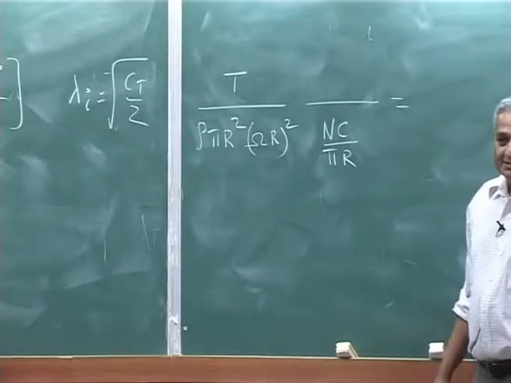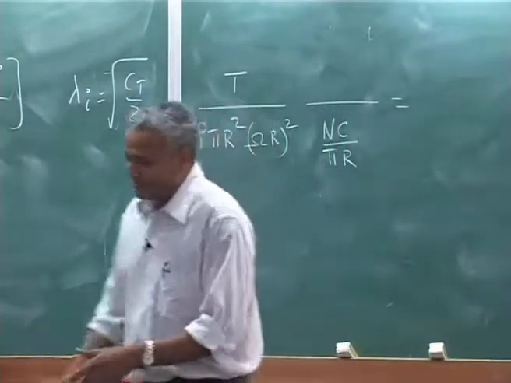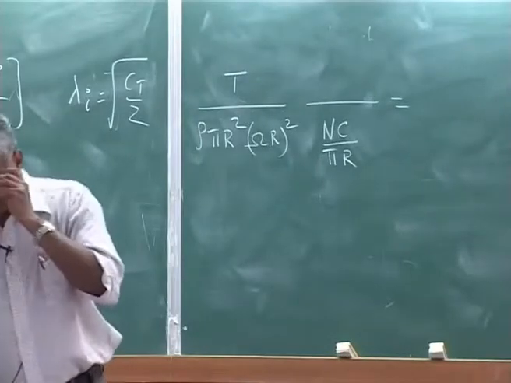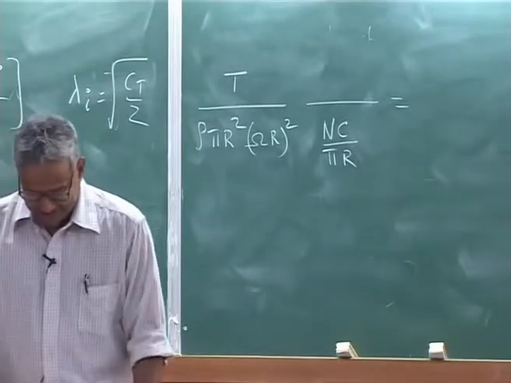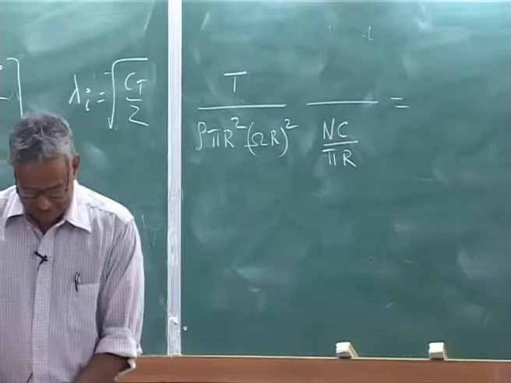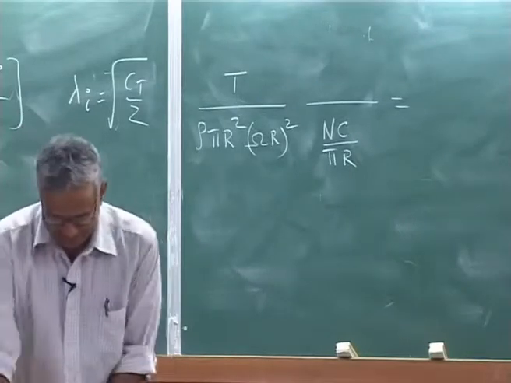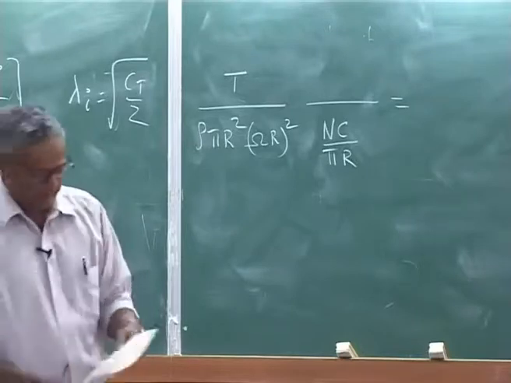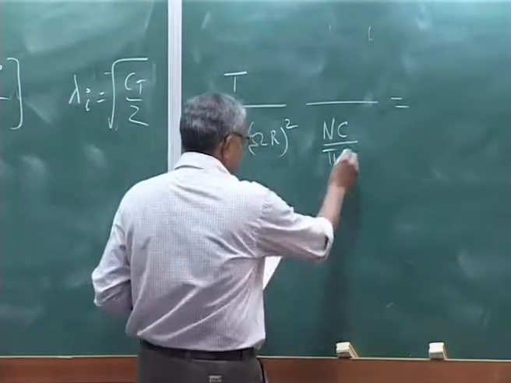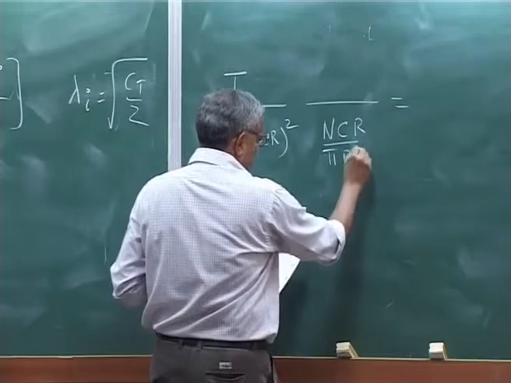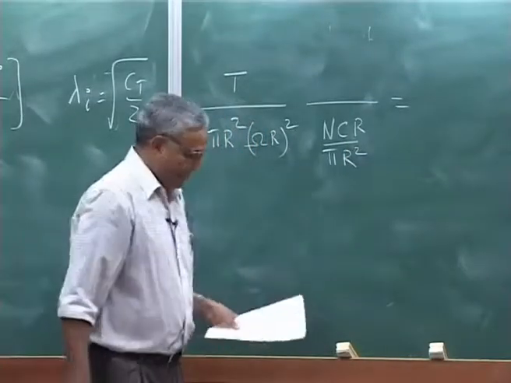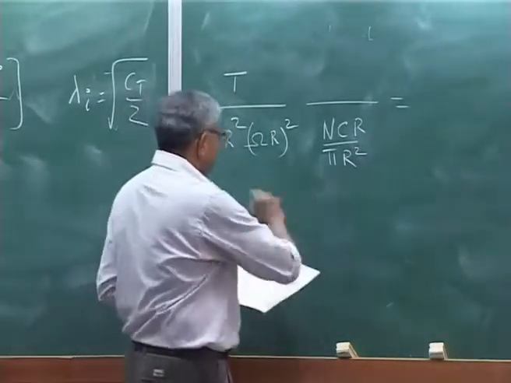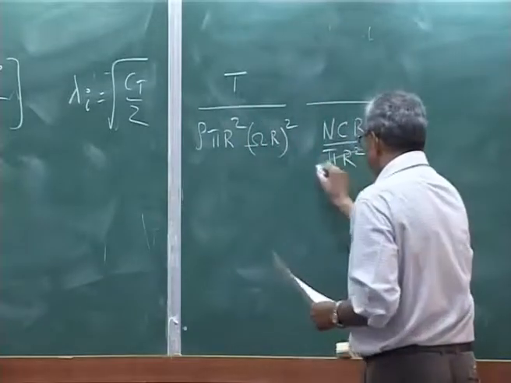Now, you can reduce this factor to a slightly different form of expression. If you write it as N c R over pi r square, the pi r square will go off.